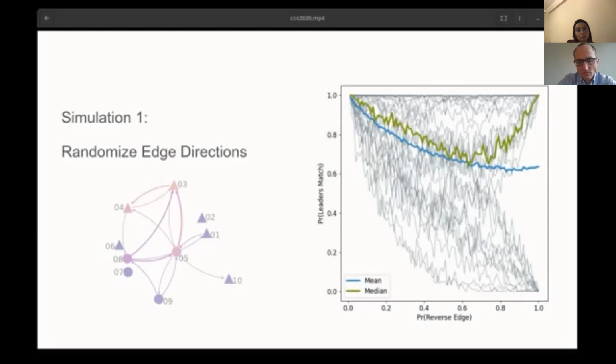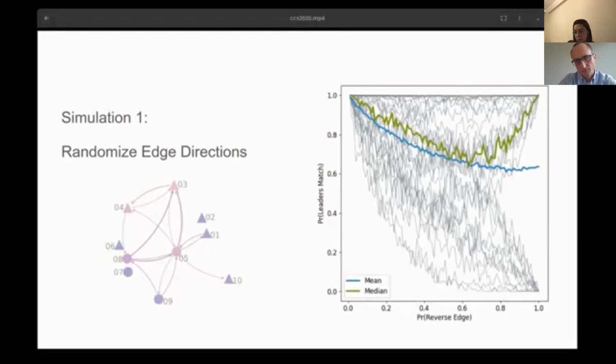And the way we addressed this was with a simulation. So we said, okay, let's increase the probability of randomly reversing an edge so that instead of I pointing to J, J points to I. And we'll ask how that changes which node is chosen as the maximum PageRank centrality node.